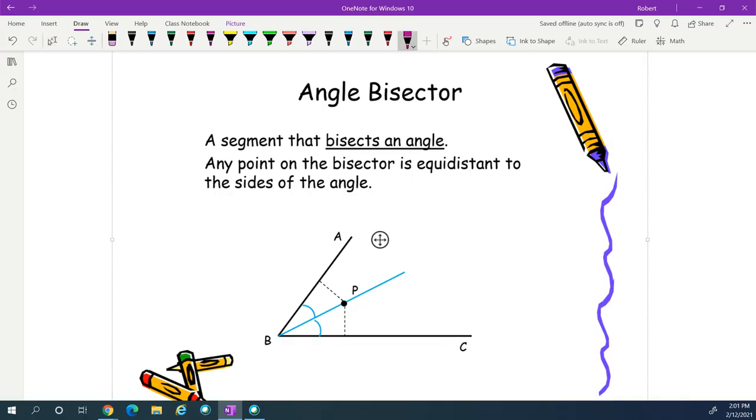So from point P to side AB, and from point P to side BC, has to be congruent. But these have to be perpendicular measurements. They have to be perpendicular measurements. And again, they will be equal distance.